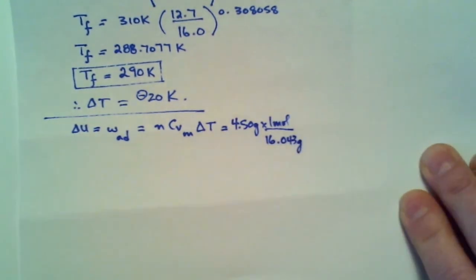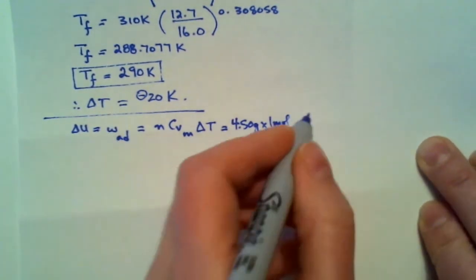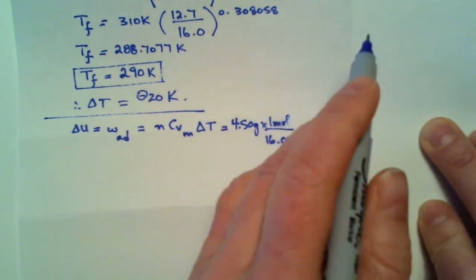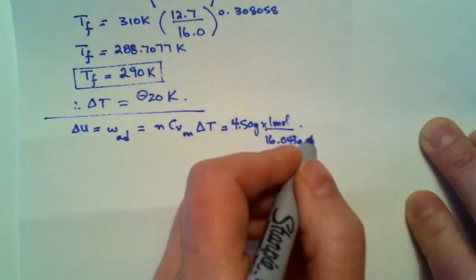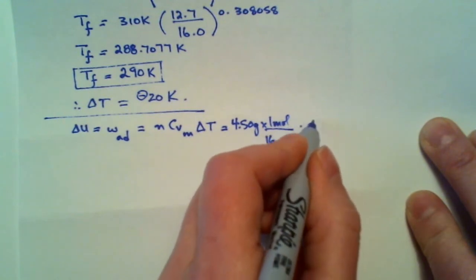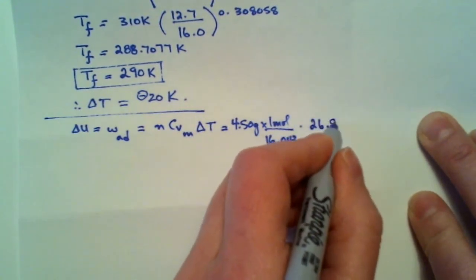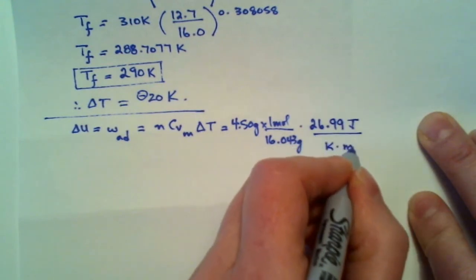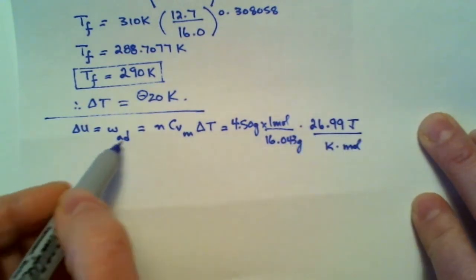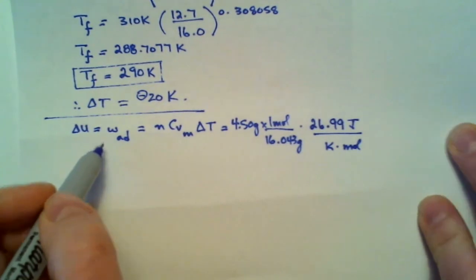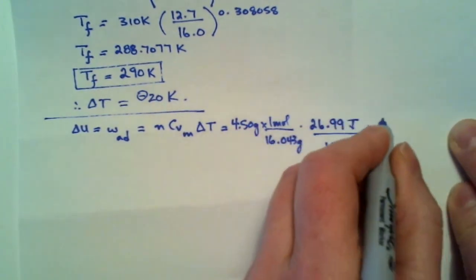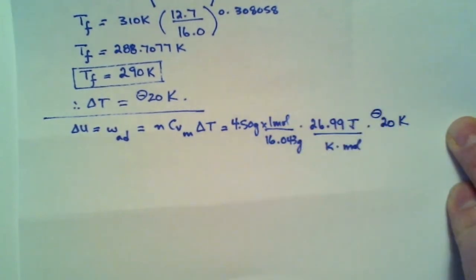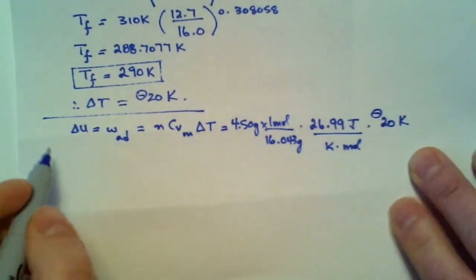You may have calculated N separately, that's great. CV molar, which I just used above, is CP minus R. And delta T. Don't forget that negative, it's a temperature drop.